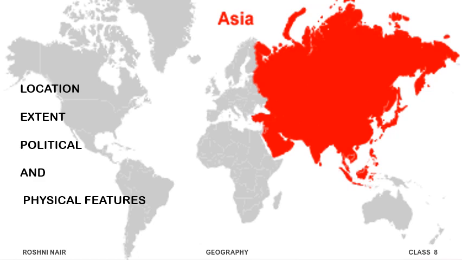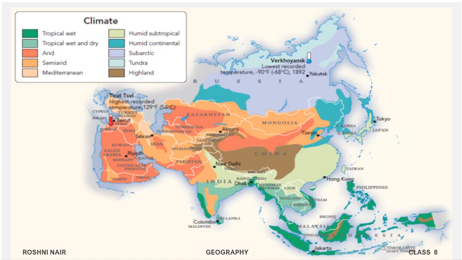Now, let us start our new chapter, Asia, Climate and Natural Vegetation. In the previous chapter, we studied the landforms and the drainage of Asia as a continent, and the same applies when we study any continent, country, state or particular region.